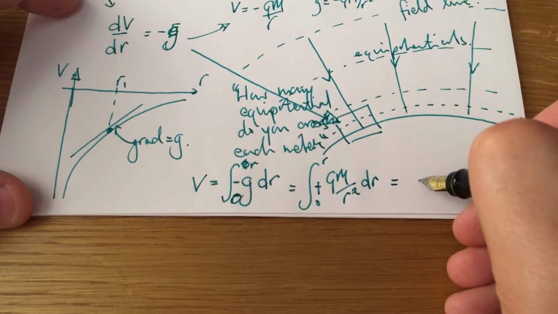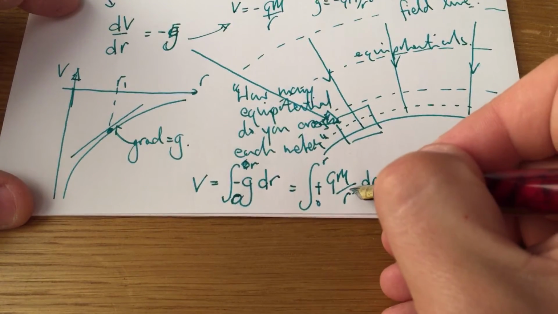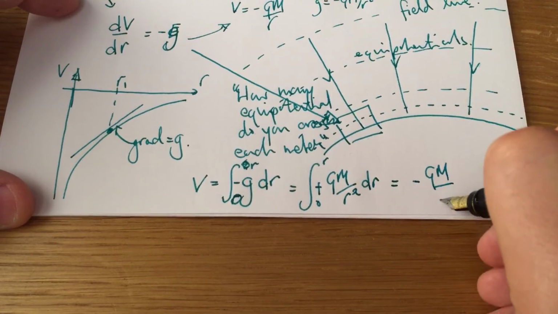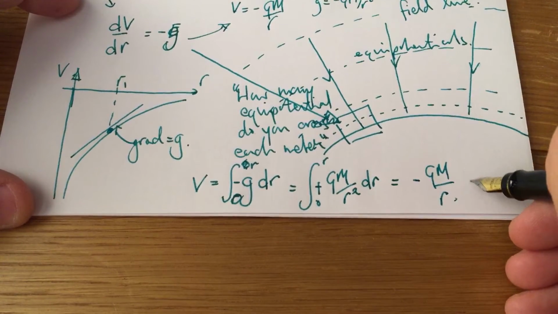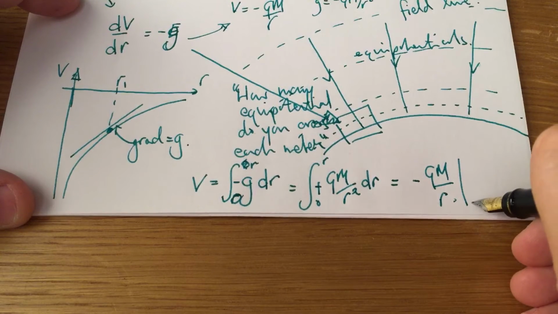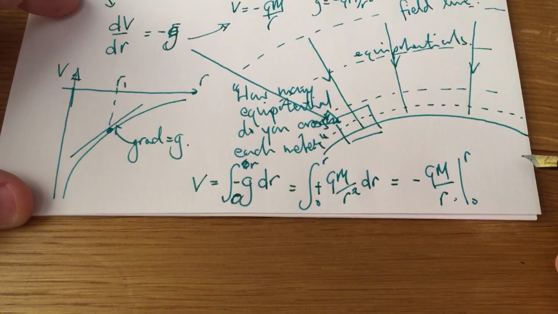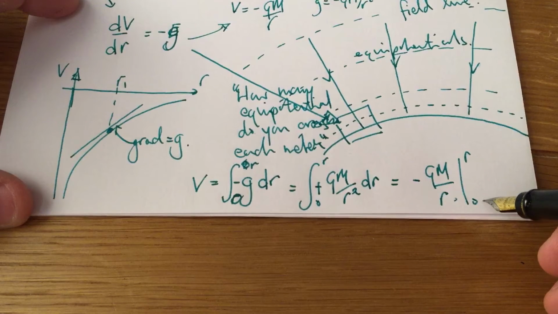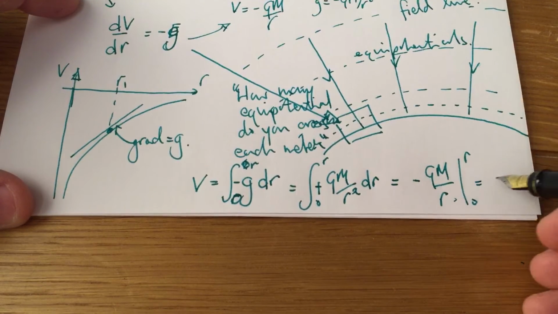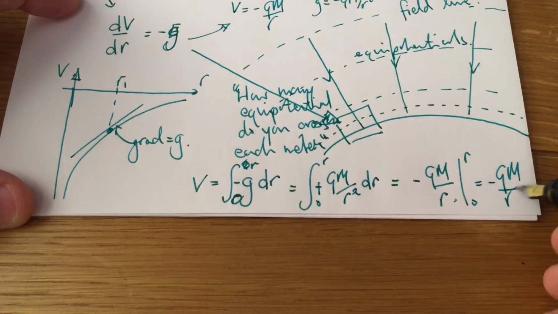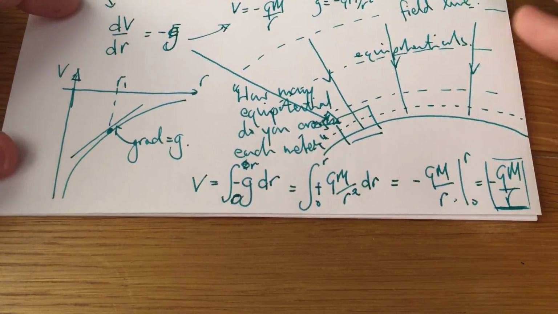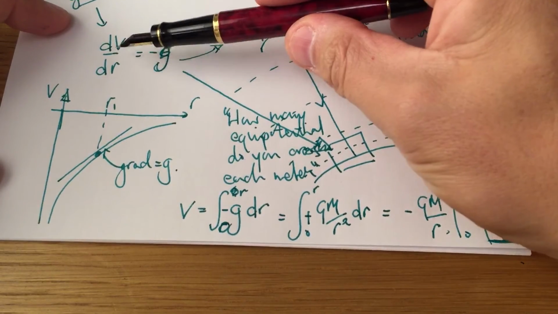The integral of that will merely be minus, so I bring this to minus 2 to minus 1, multiplied by Gm over R to the minus 1, between the limits of 0 and R. Good, which is the same as minus Gm over R, in effect. Good, so this is the differential form.